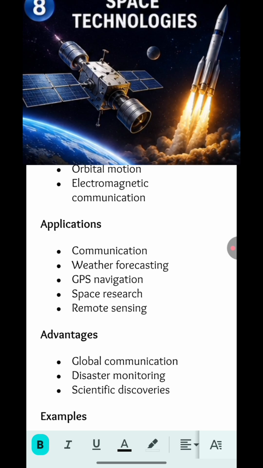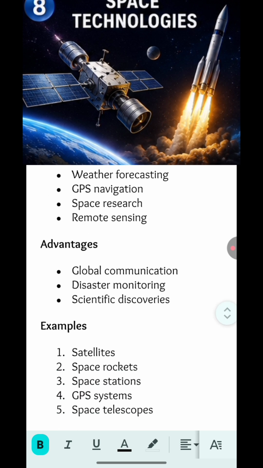Global communication is running, disaster monitoring can be done, and scientific discoveries are also made. What are the examples for that? Satellites, space rockets, space stations, GPS systems, space telescopes also.